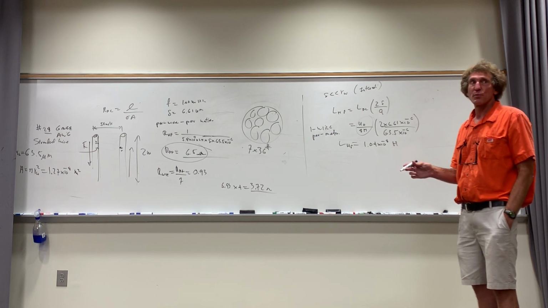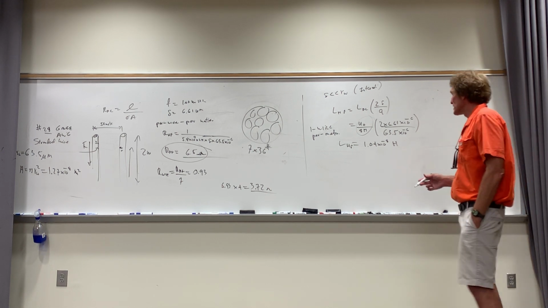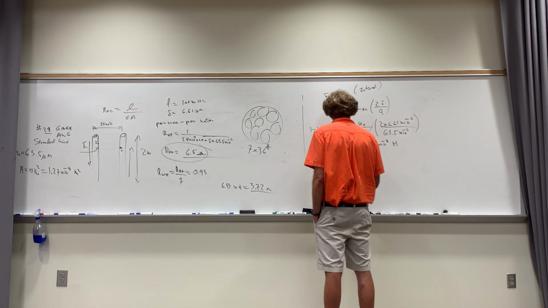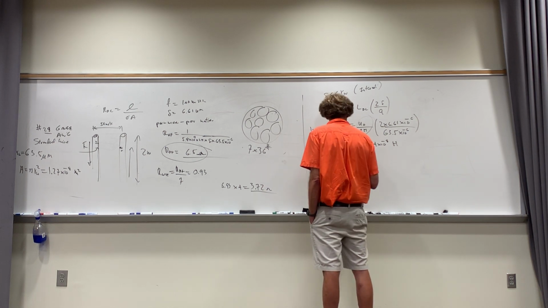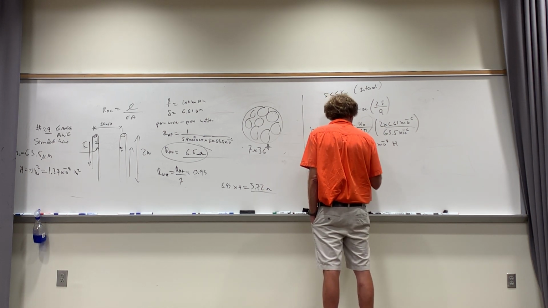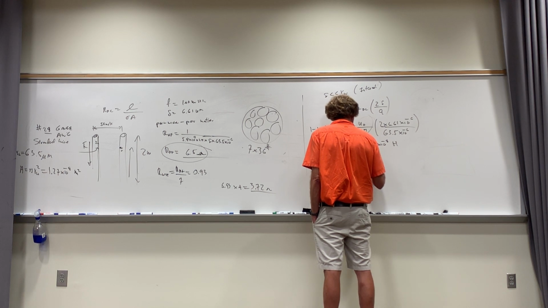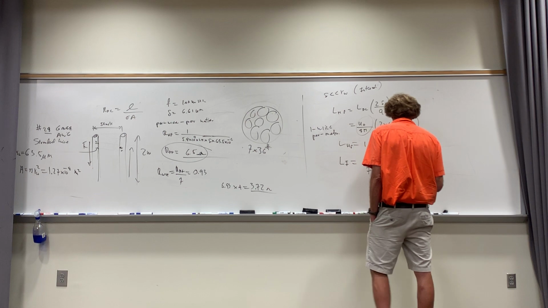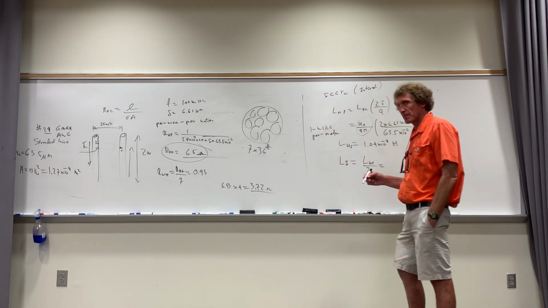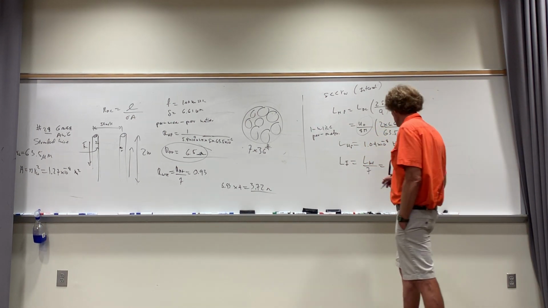That's 1 wire per meter, right? We have 7, so per meter, the total internal inductance, not external inductance, at high frequency, is going to be this, I'll call it L HF divided by 7. So if you take 1.04 times 10 to the minus 8 and divide it by 7, what do you get? 1.49 nanohenries.